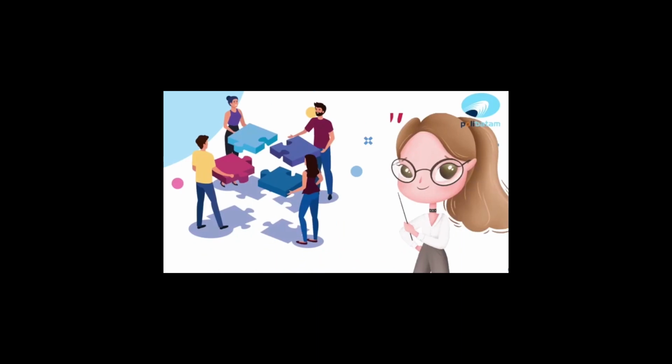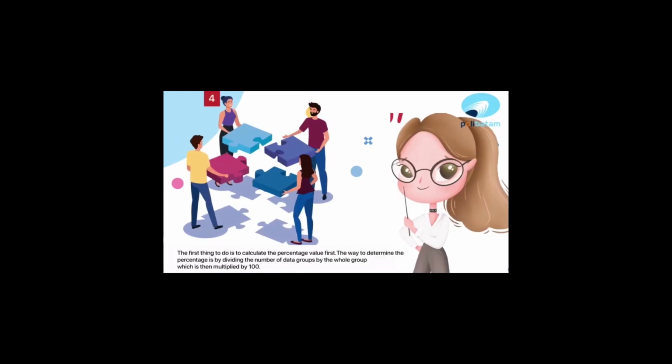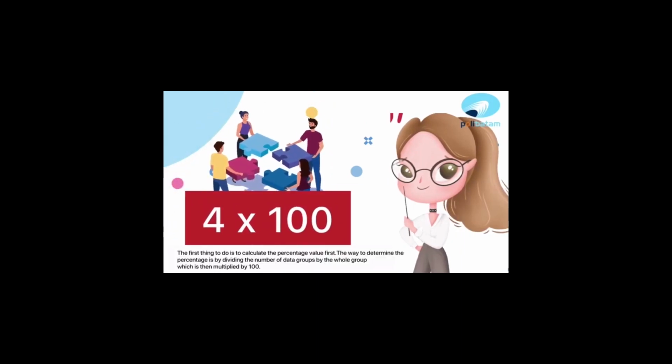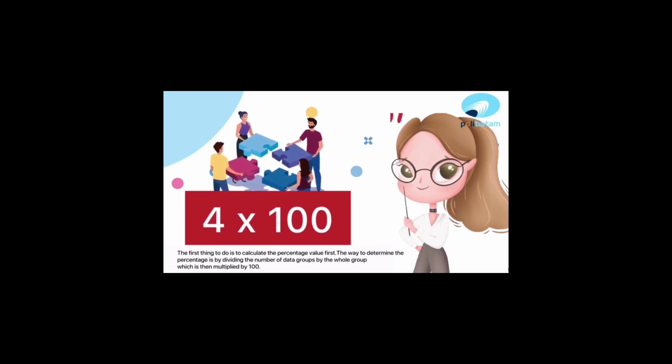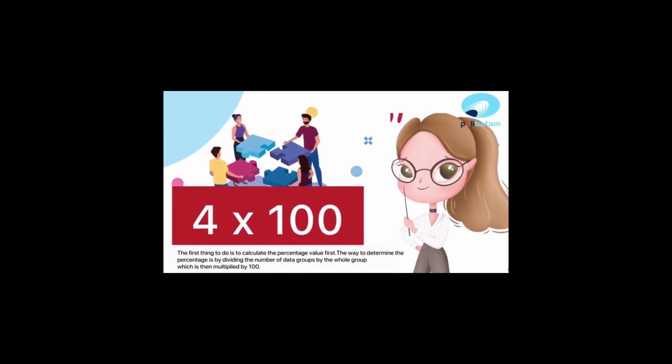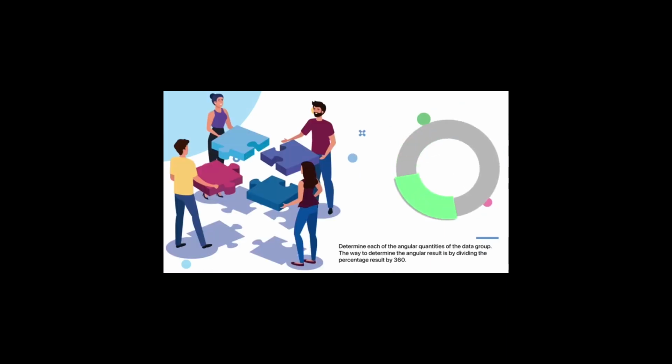Namely, the first thing to do is to calculate the percentage value first. The way to determine the percentage is by dividing the number of data groups by the whole group, which is then multiplied by 100. Determine each of the angular quantities of the data group. The way to determine the angular result is by dividing the percentage result by 360.